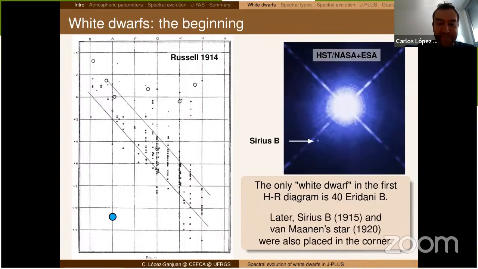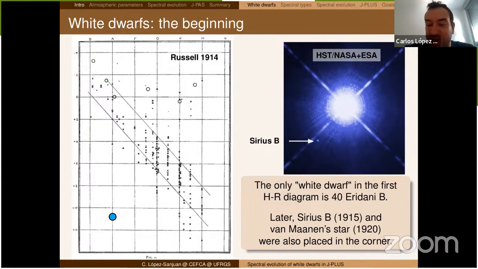That was not the case, because later, 1 year later, Sirius B, that you can see in a beautiful image from the HST, in which Sirius A is very, very bright, and then there is a small fine dot, which is Sirius B, was also placed in that corner of the HR diagram.